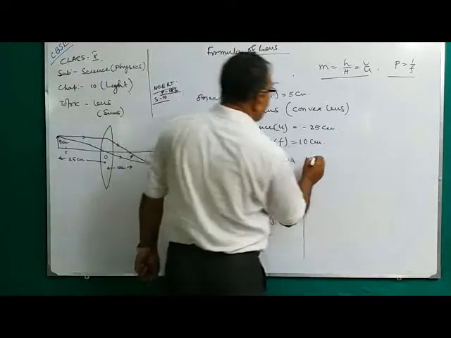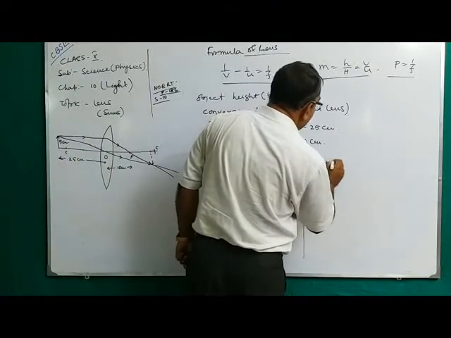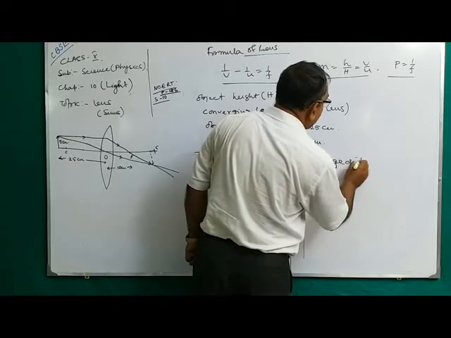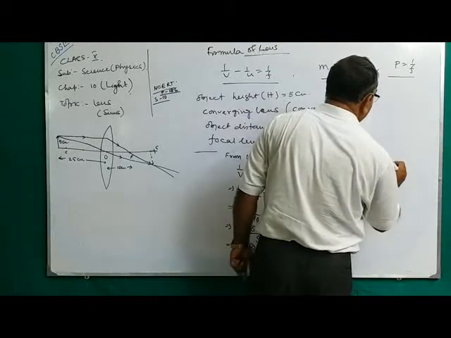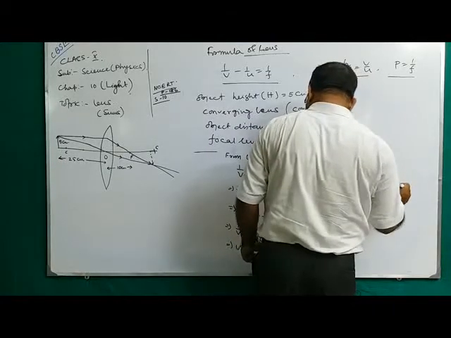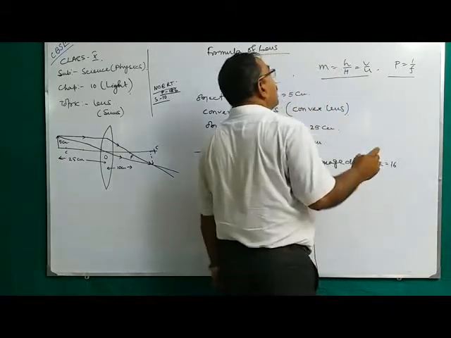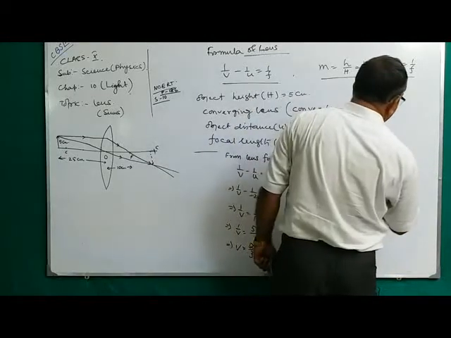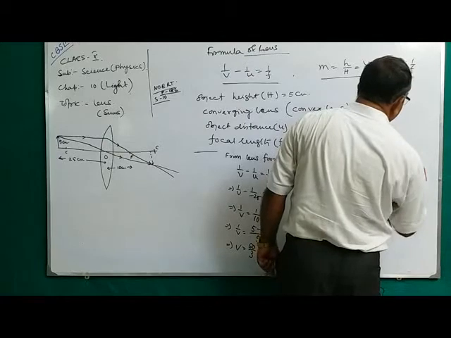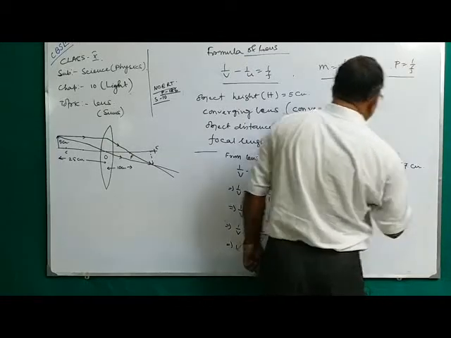So image distance equals 16.67 centimeter.